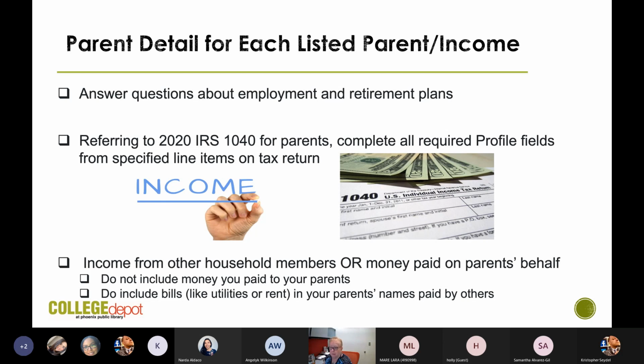Provide the following for parent 1 and keep doing that for any other parents you listed. You do not have to include social security number for your parents, but you do need an email address. You do need the state of residence, date of birth, highest level of education if you know it.